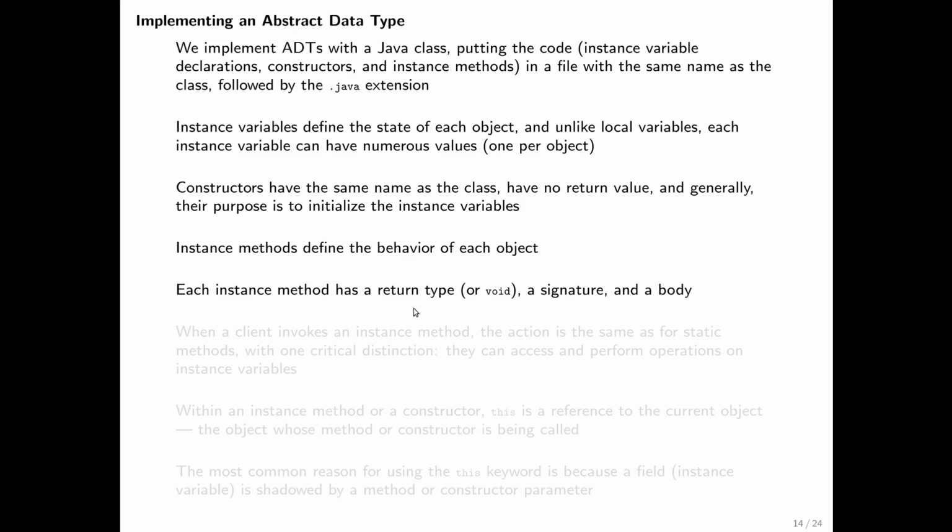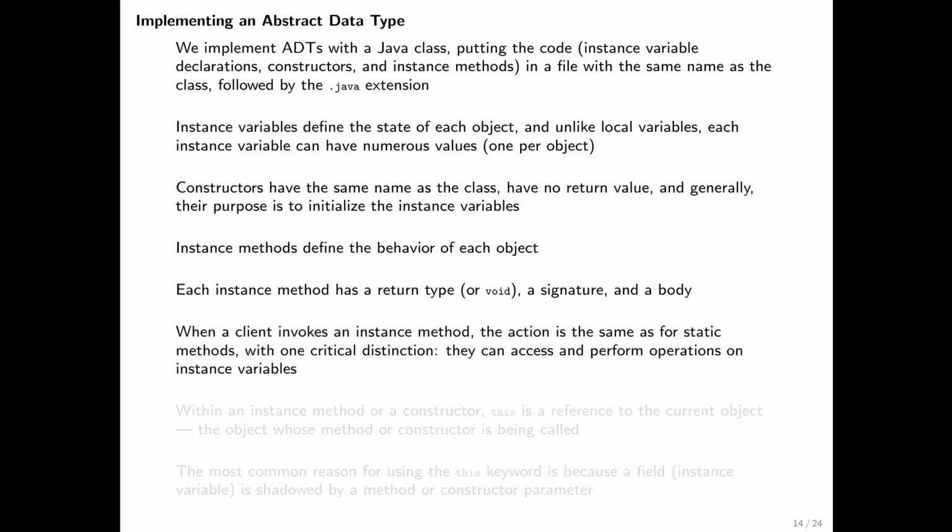Okay, so you specify the return type, the name of the instance method, which is part of its signature, along with the arguments, the formal parameters, and then you have a body inside of curly brackets. So the syntax for defining an instance method is very much similar to that of a static method. The only difference is an instance method lacks the static keyword.